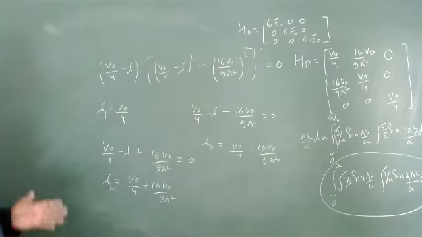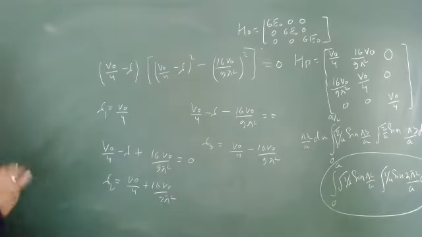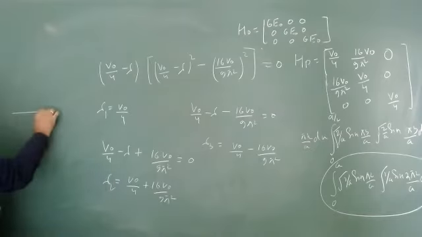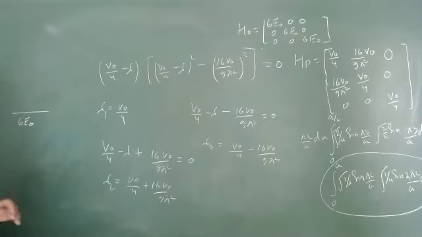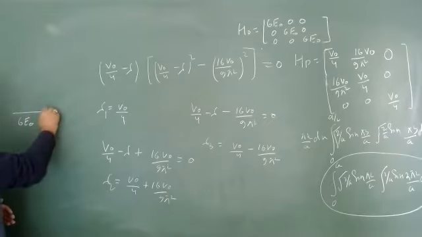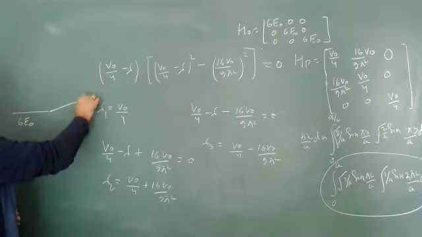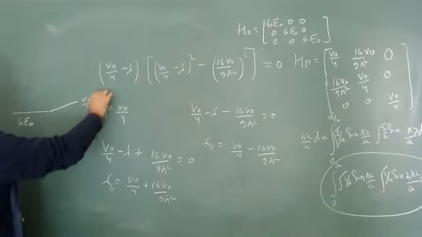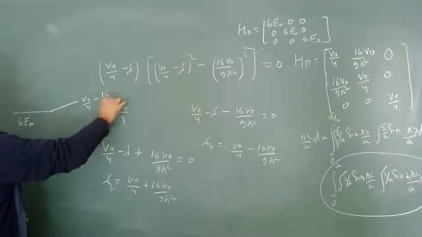So now, what is going to happen? Before the perturbation, you have only 6 E0. But when you give this perturbation to this particular system, it will change such that the lowest value will be V0 by 4 minus 16 V0 upon 9 pi square.